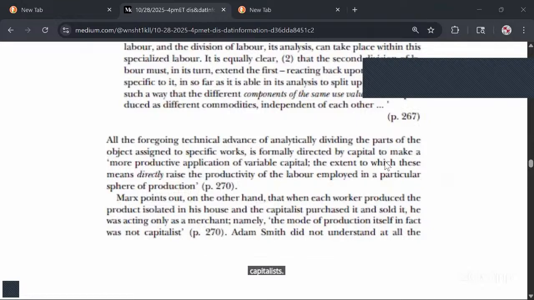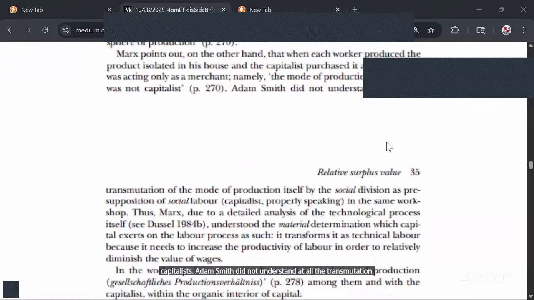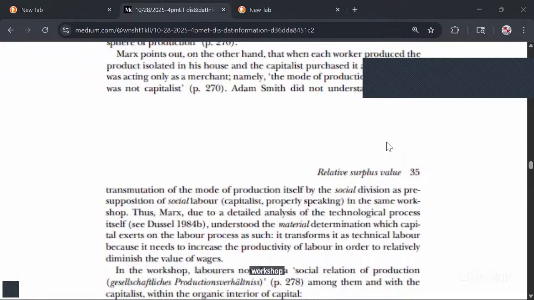Adam Smith did not understand at all the transmutation of the mode of production itself by the social division as presupposition of social labor, that is, capitalist, properly speaking, in the same workshop.